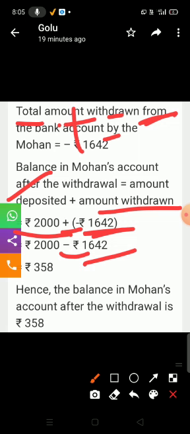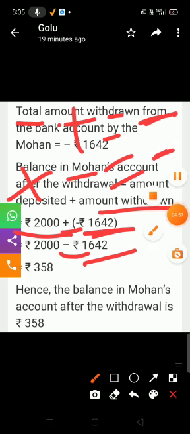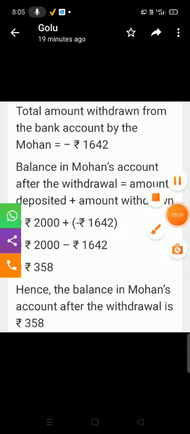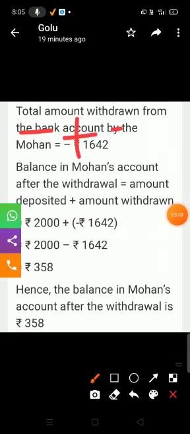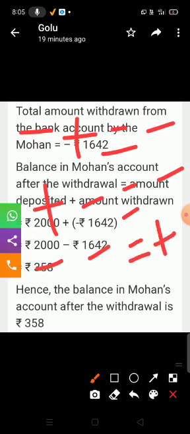In the previous class we already discussed this, and I'm sure you all learned it. Plus times minus is minus, minus times plus is minus, minus times minus equals plus, and plus times plus is plus. So you have to learn these 4 rules.